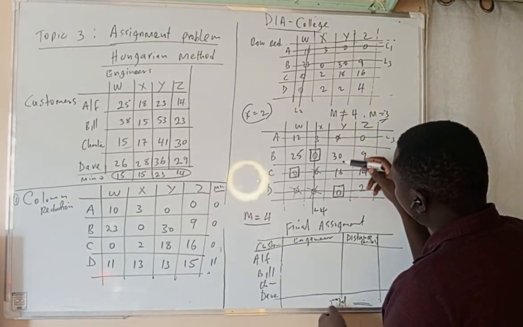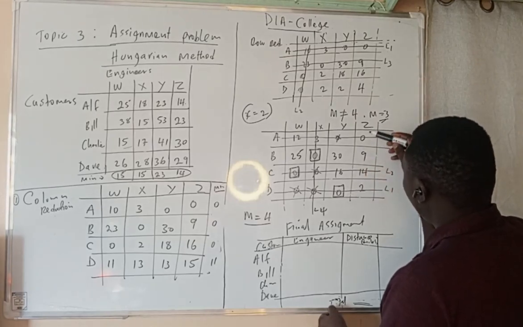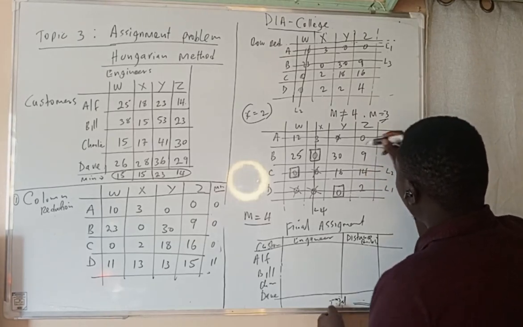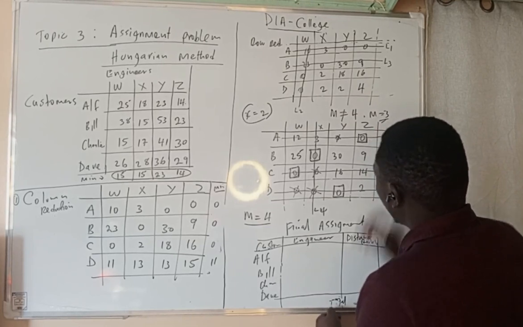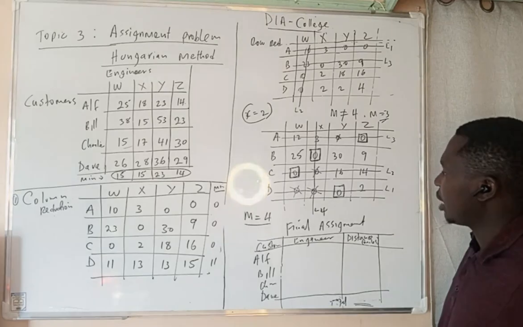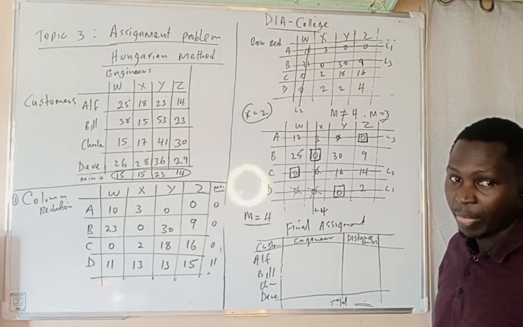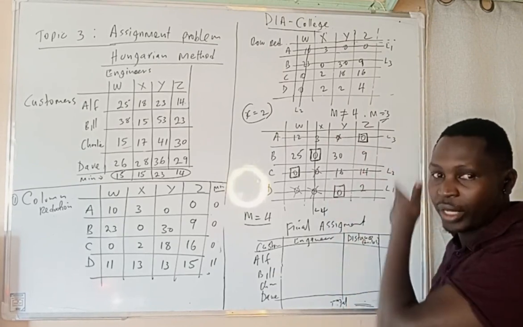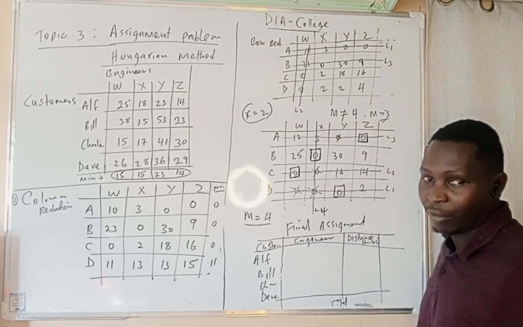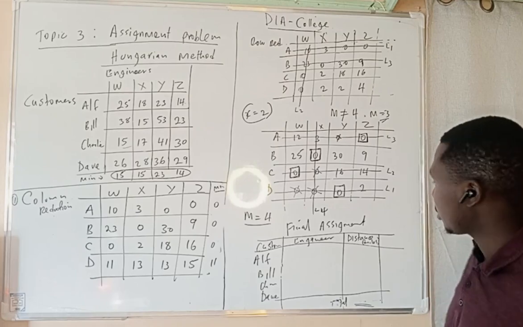Column number 3, all zeros are taken over. Column number 4, there is one 0 here, so I allocate that 0. So you can see that I have done full allocation. Remember also, you can start from columns to allocate, not necessarily rows like what I've done.